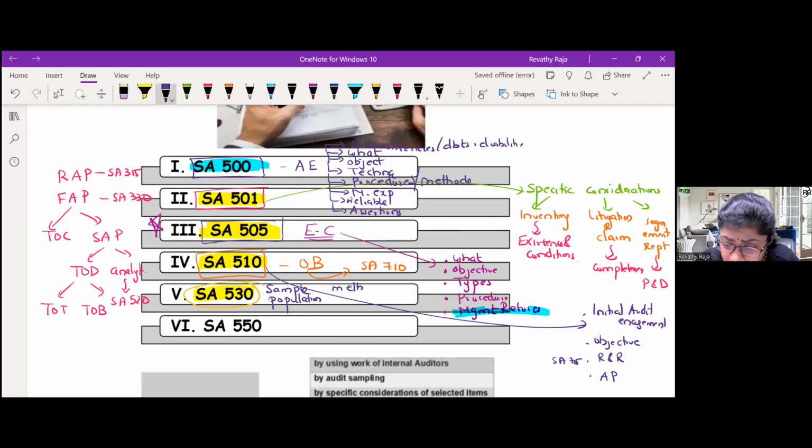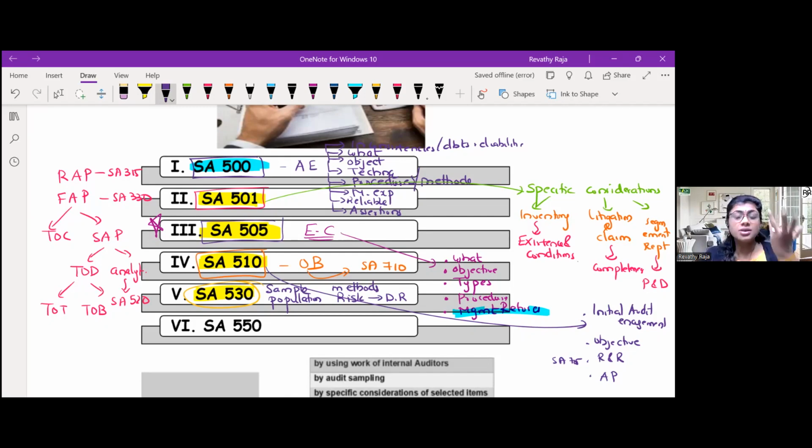There are various methods of selecting the sample, like random selection, systematic selection, haphazard, monetary unit, block. Two approaches are there, statistical and non-statistical approach. Now, when you select the sample, you should be concerned about sampling risk and non-sampling risk. The sampling risk and non-sampling risk is part of detection risk, SA 315.